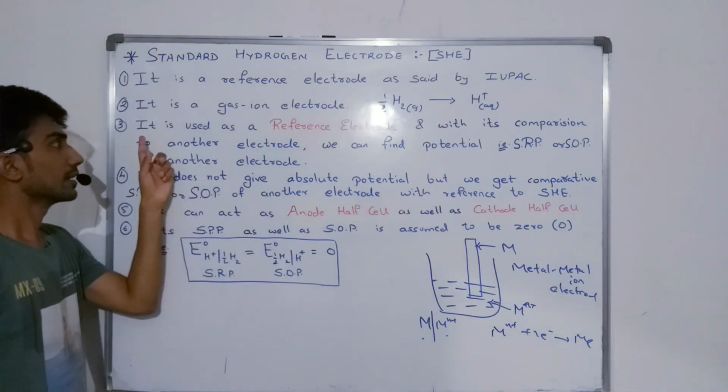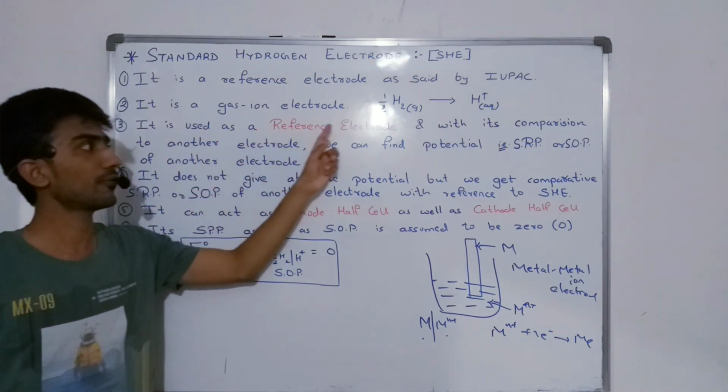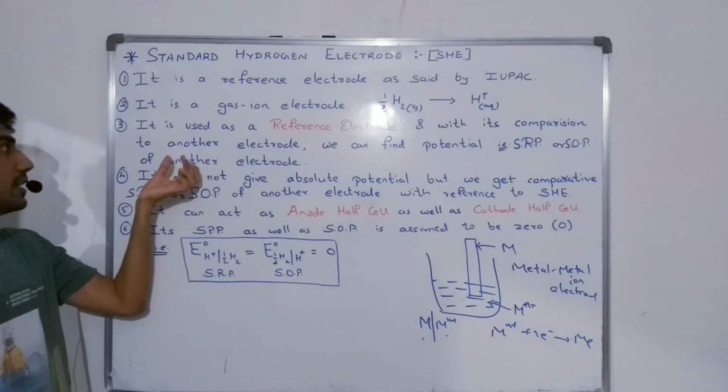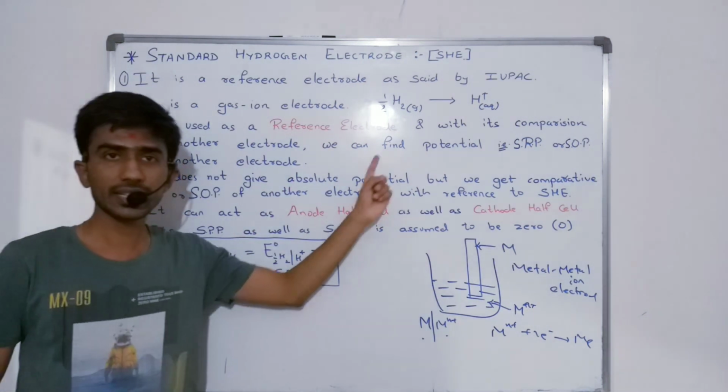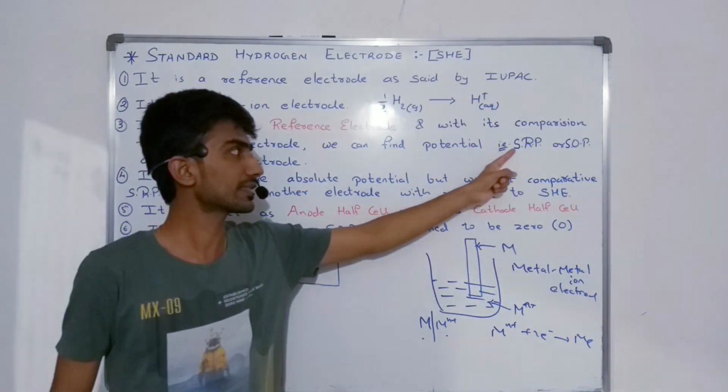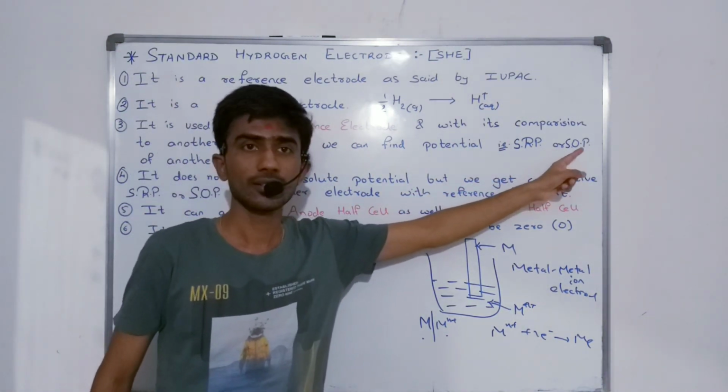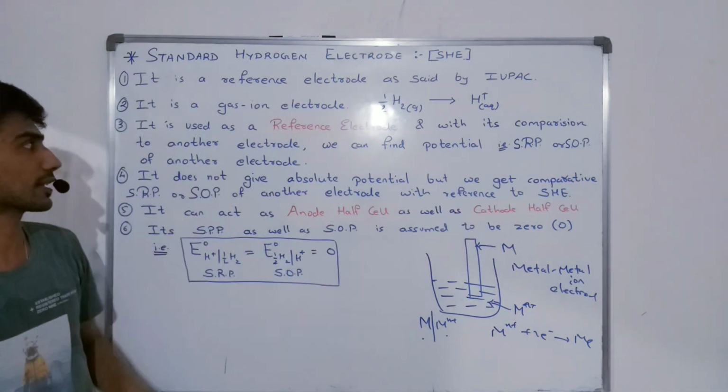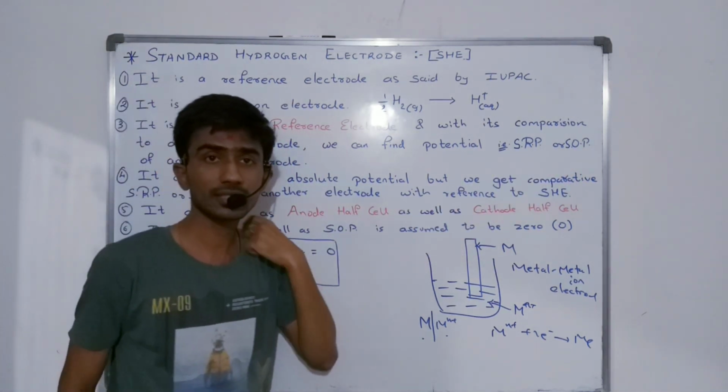Next, it is used as a reference electrode, and by comparison with another electrode we can find the potential, that is, the standard reduction potential or standard oxidation potential of the other electrode. See what it is telling. It is used as a reference electrode.